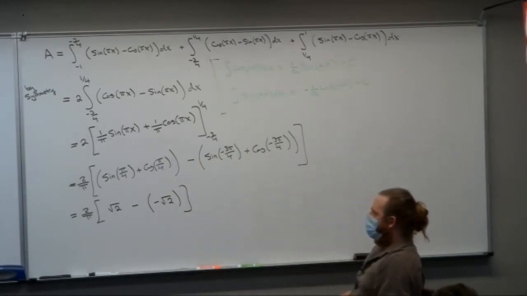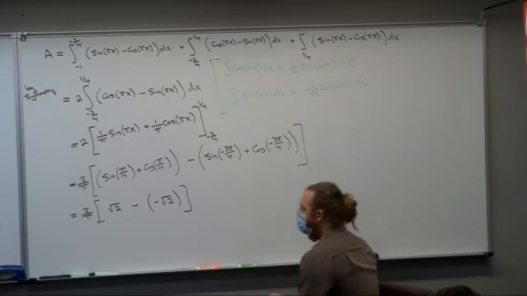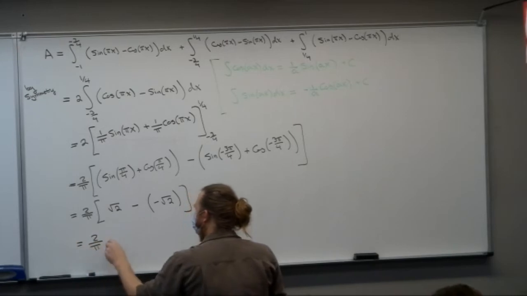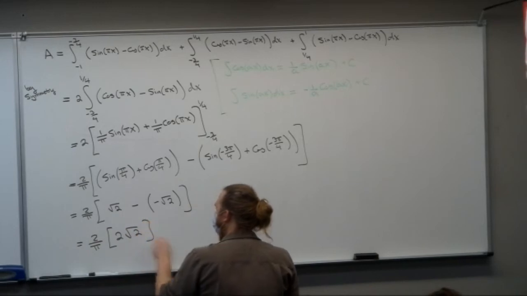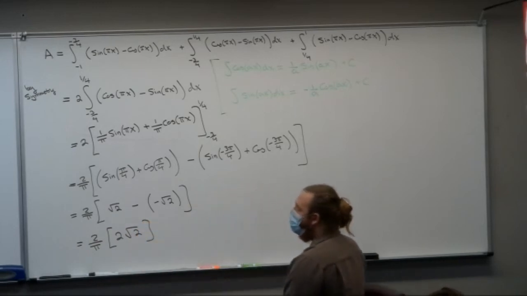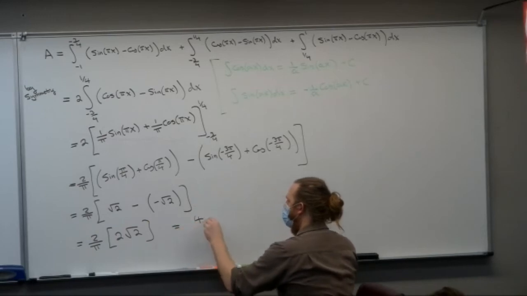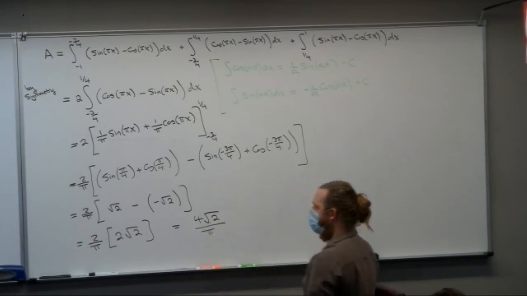And now when you take root 2 minus negative root 2, you get 2 copies of root 2. So that's going to be 4 root 2 over pi. And that is your answer.